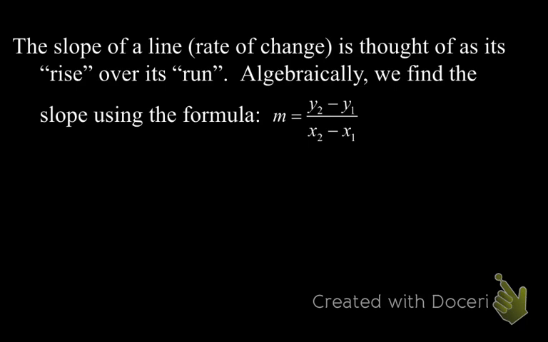Now, the slope of a line, which is the rate of change of the line, is thought of as its rise over its run. In other words, its vertical change divided by its horizontal change.